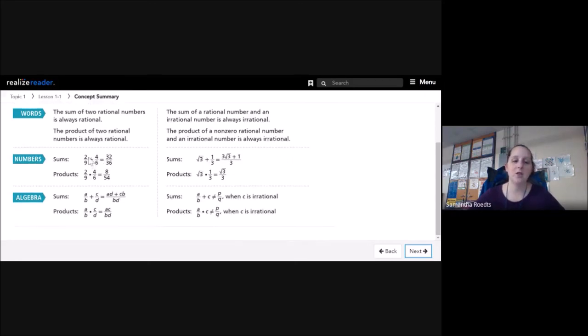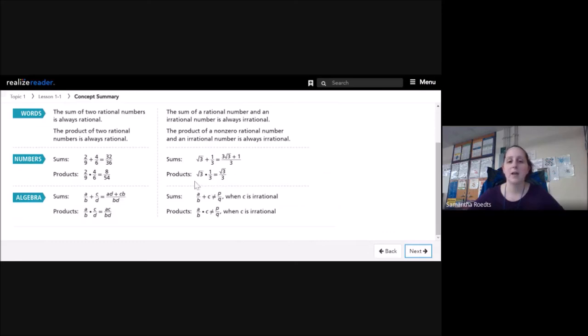So sums, I can add 2/9 plus 4/6, find a common denominator, and add my numerators together. Products, I just multiply them. So in algebra, for sums, A/B plus C/D equals (AD plus CB) over BD. Products, A/B times C/D equals AC over BD. Okay. So for irrational, square root of 3 plus 1/3 is (3 square root of 3 plus 1) over 3.